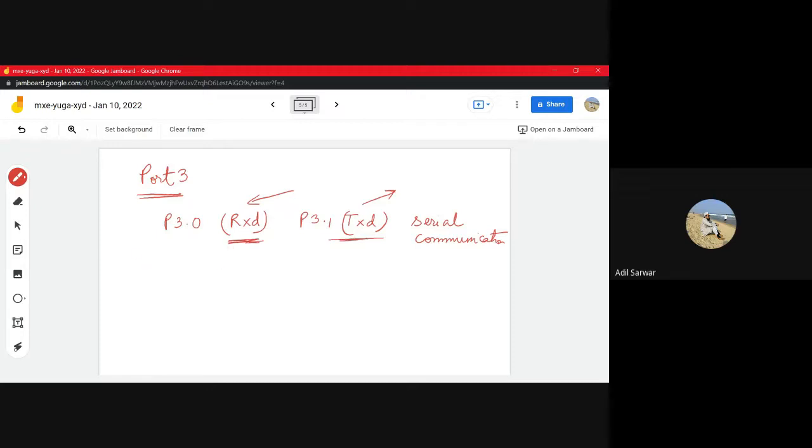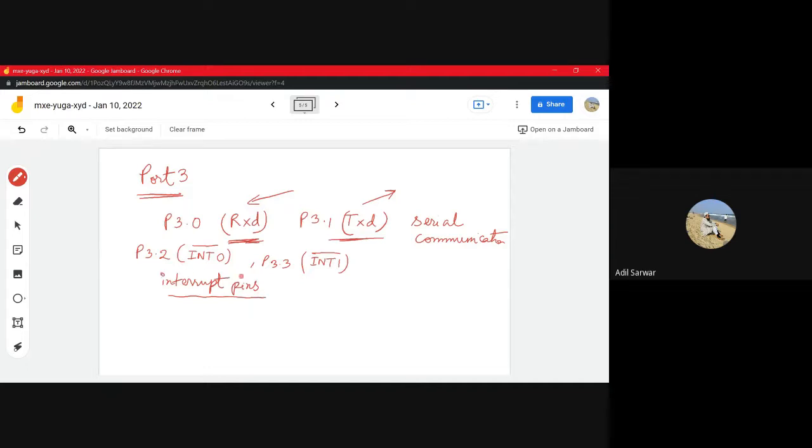Then we have P3.2, which is written as INT0 bar, and P3.3 is INT1 bar. So what does it mean? These are interrupt pins.